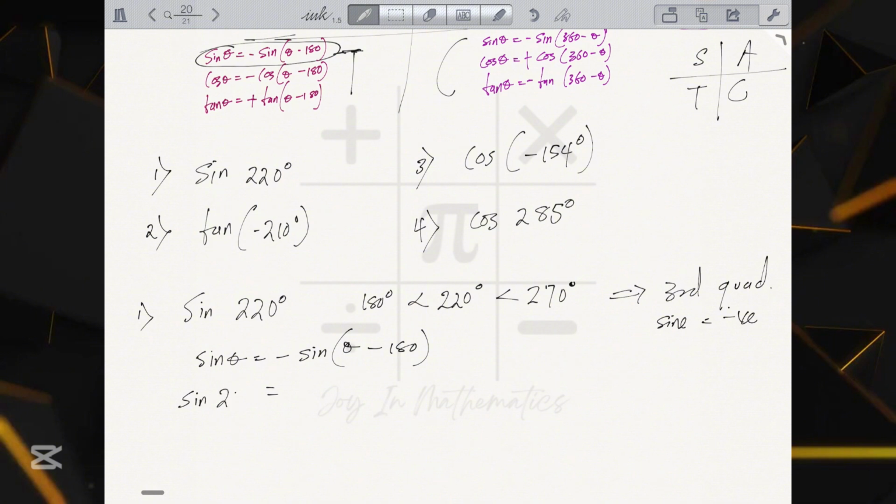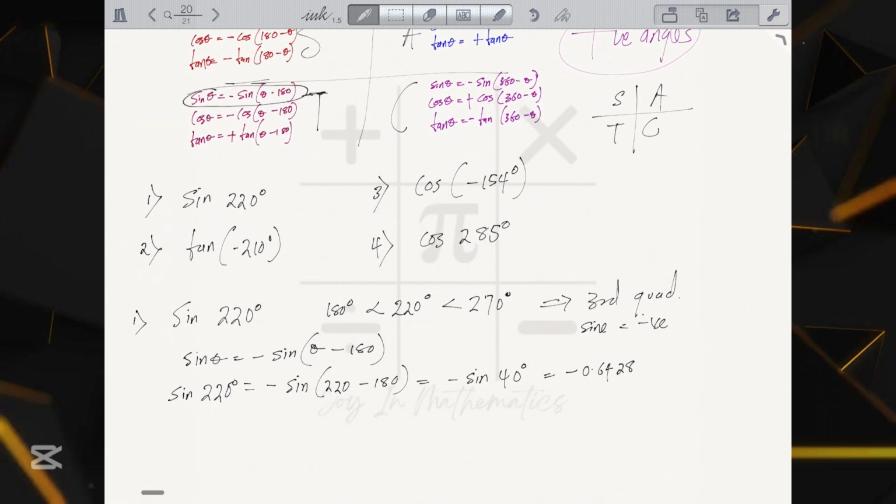So sine 220 degrees is equal to minus sine of 220 minus 180. Simplifying this, we have minus sine 40 degrees, and the value for this will be negative 0.6428.